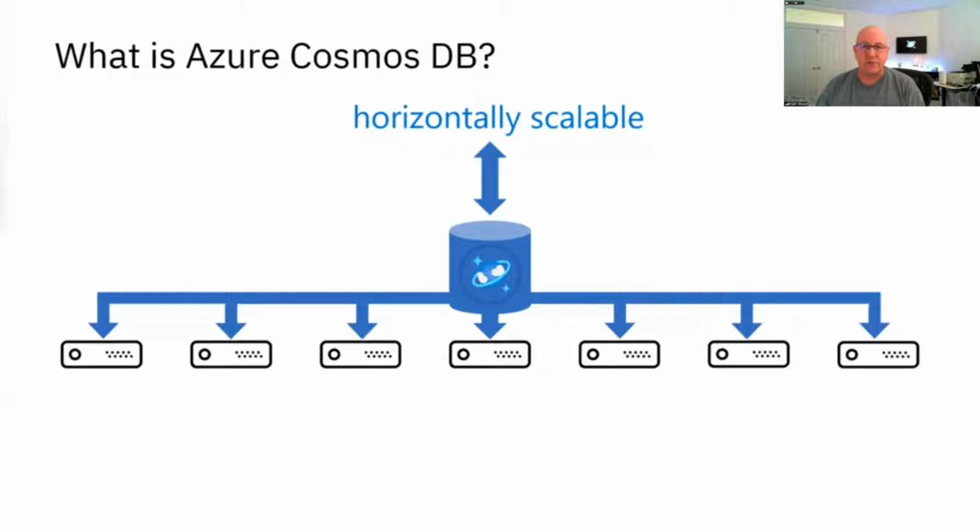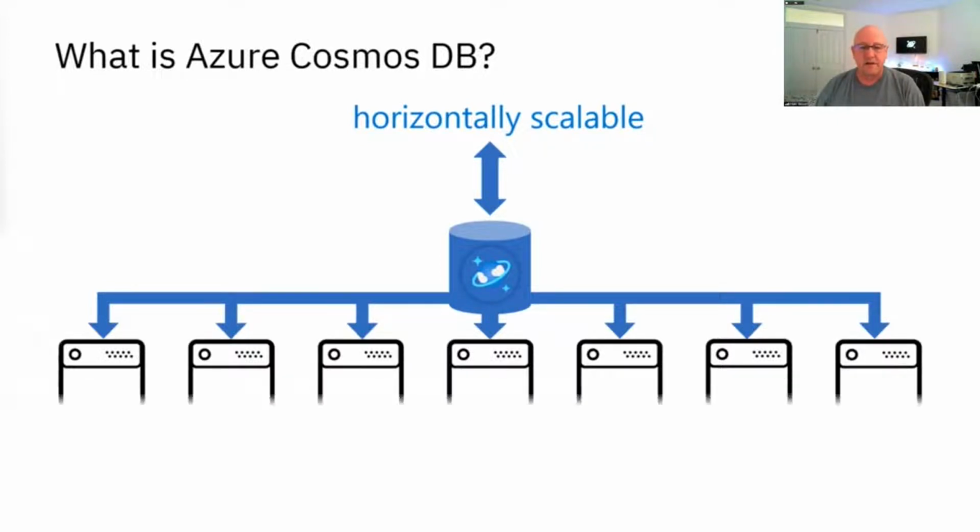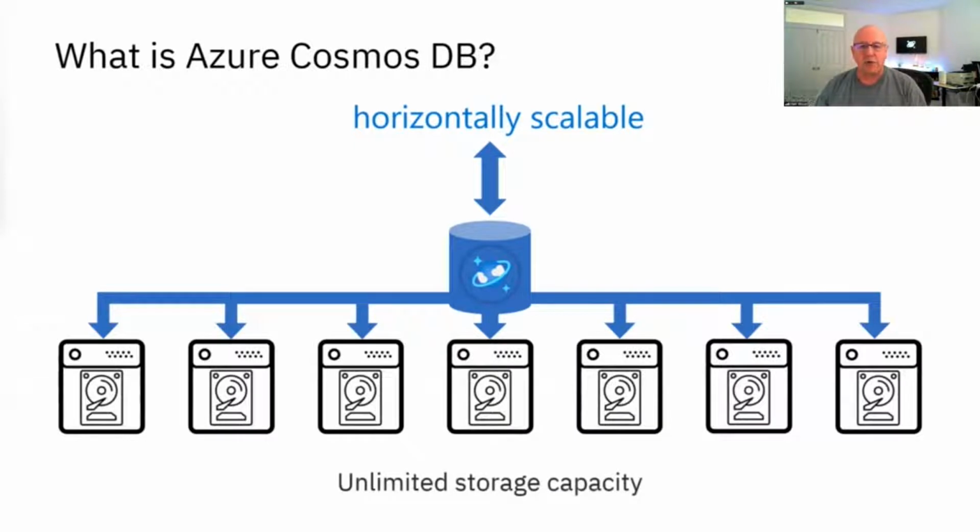But under the hood, you're reading and writing data in and out of Cosmos across this cluster of servers. This is better known as scale out, and it's how we achieve horizontal scalability by enabling unlimited storage. So when you need more storage in Cosmos, you just keep writing more data. We simply add more servers or partitions to the cluster.